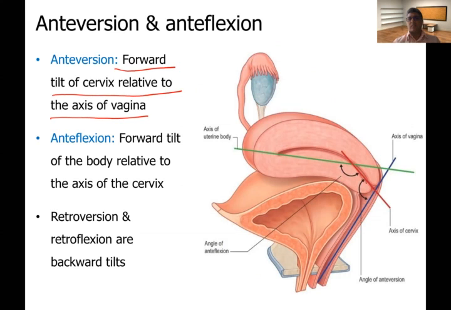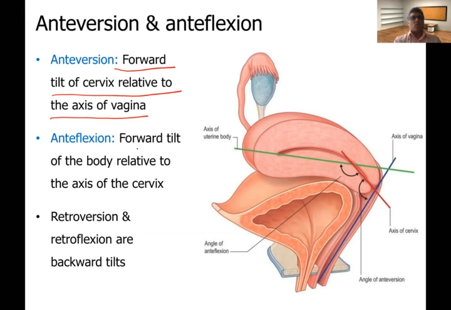So that is this one. Forward tilt of the cervix of the uterus, that is that part, to the axis of the vagina. So this is this and this one. So that is called anteversion.